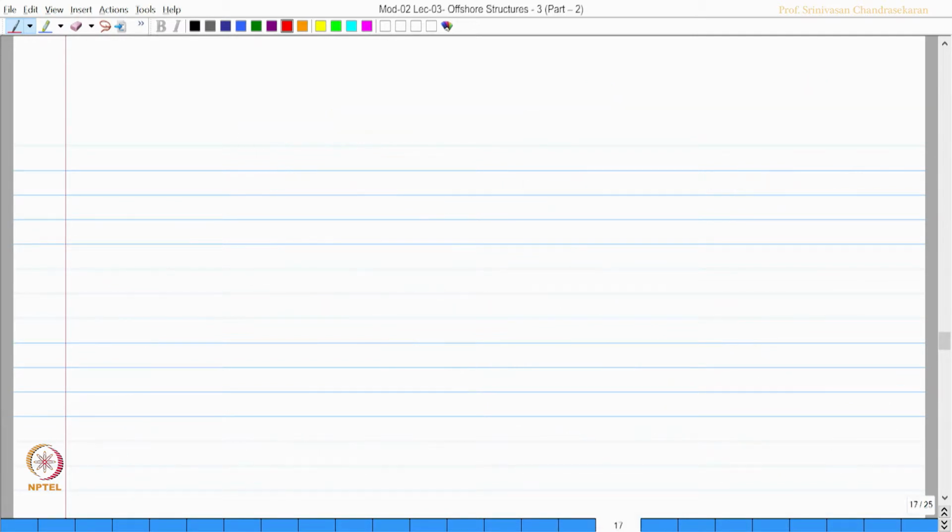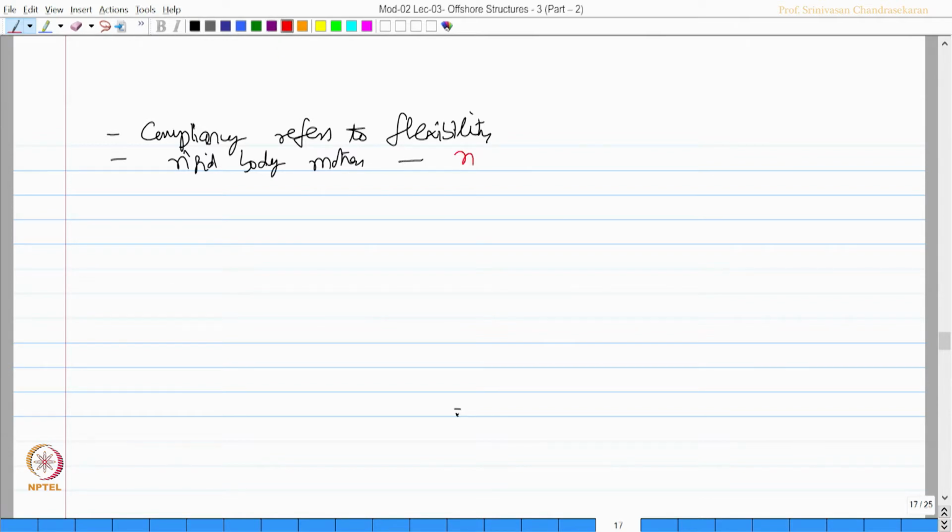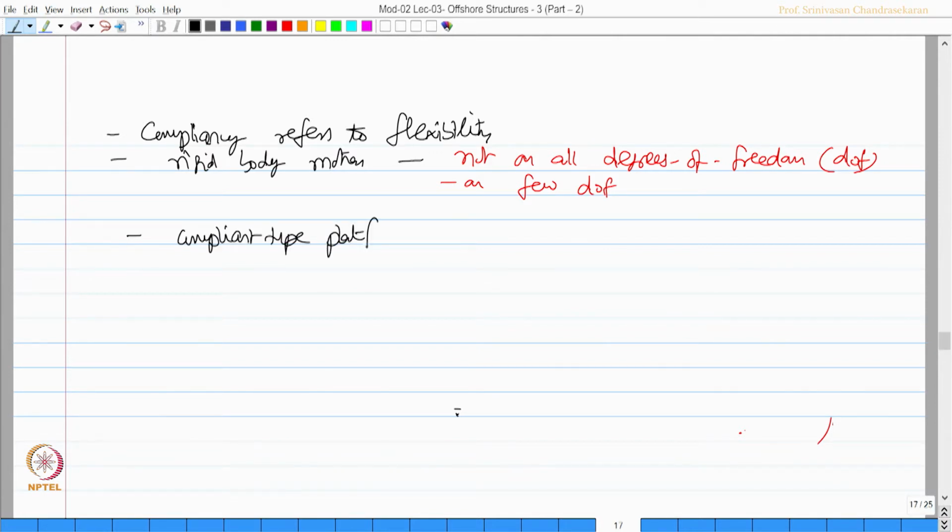So, compliancy refers to flexibility, they have flexibility in rigid body motion, but please note, not on all degrees of freedom, only on few degrees of freedom. Okay? So, now the question comes, when such compliant structures are to be installed for oil exploration, they should be position restrained.